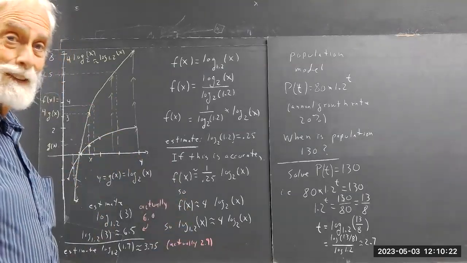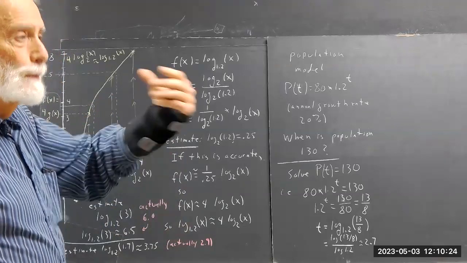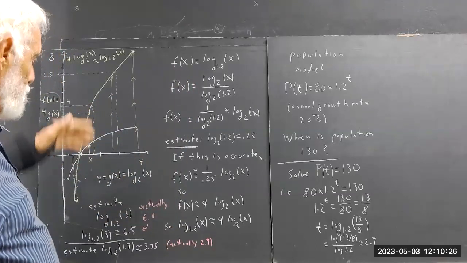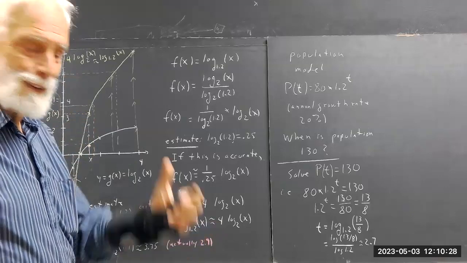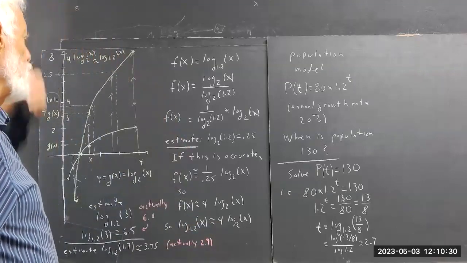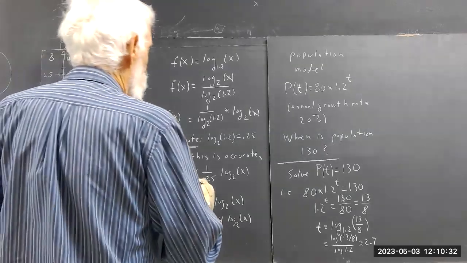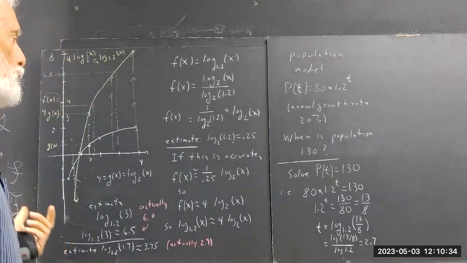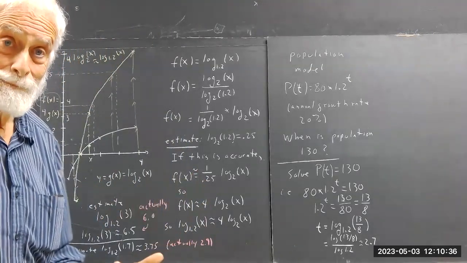Line has some concavity, so I knew it was a little more than 0.2. Concavity is pretty significant here. So I kind of use that too. That's pretty close. This really should have been 0.265. Okay.